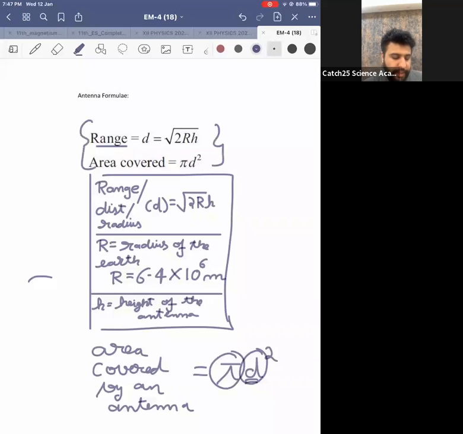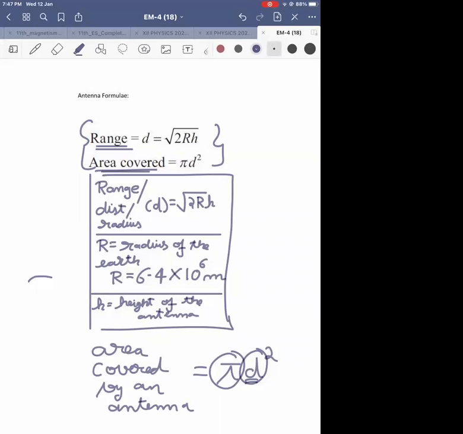In the exam, be very careful what they have asked, whether they have asked range or whether they have asked area covered. Sir, what is the notation for area covered?